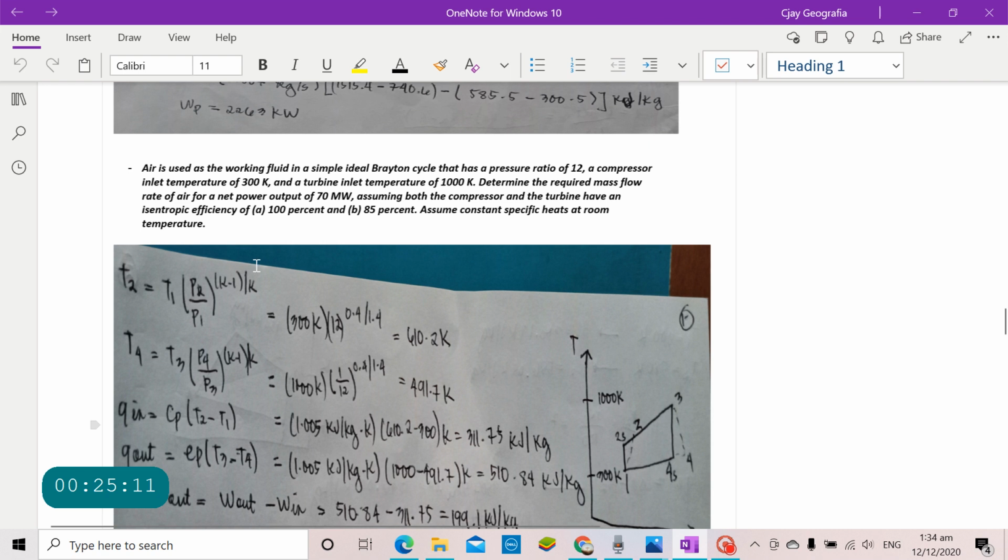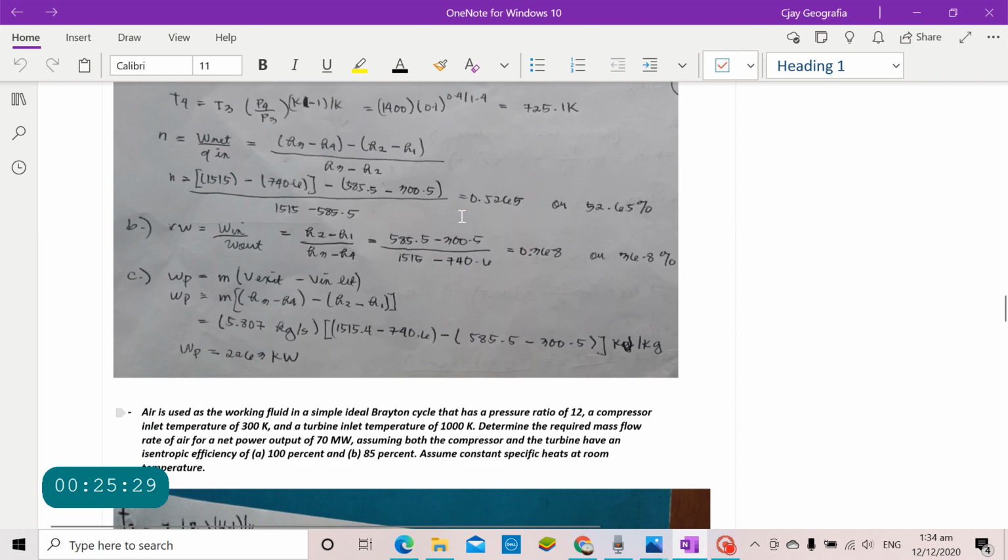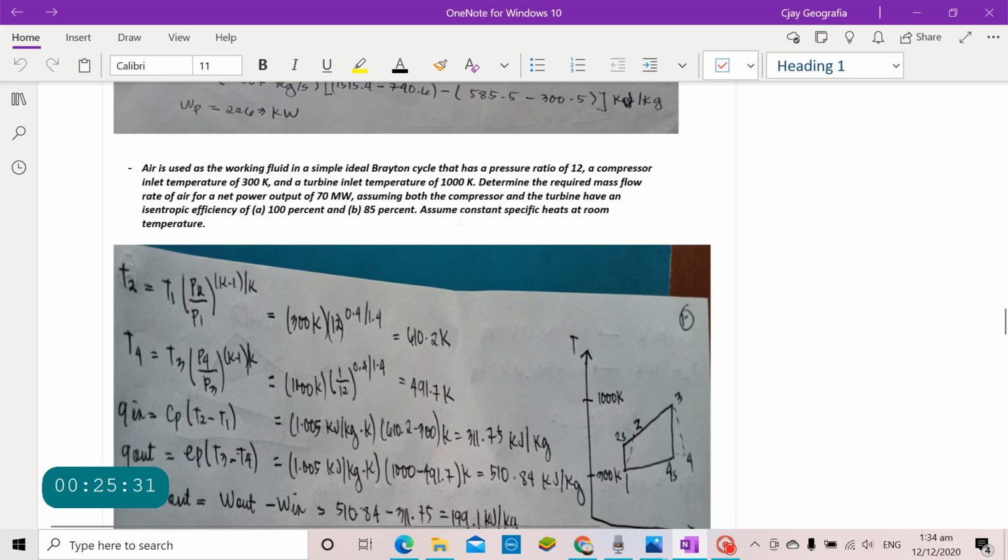So first we are going to find the process for T2 and T4. It is stated here to assume constant specific heats at room temperature, which means this problem has a given constant specific heat.